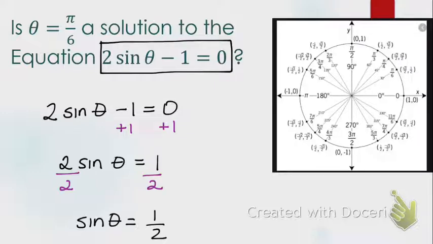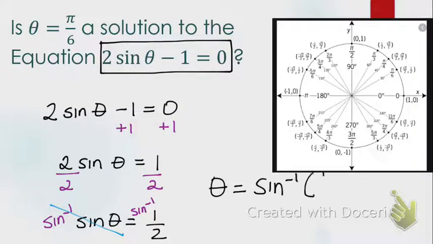So now in this equation, we're going to insert an inverse sine. So when I insert my inverse sine on both sides, that cancels out the sine. So I have theta equals the inverse sine of 1/2.